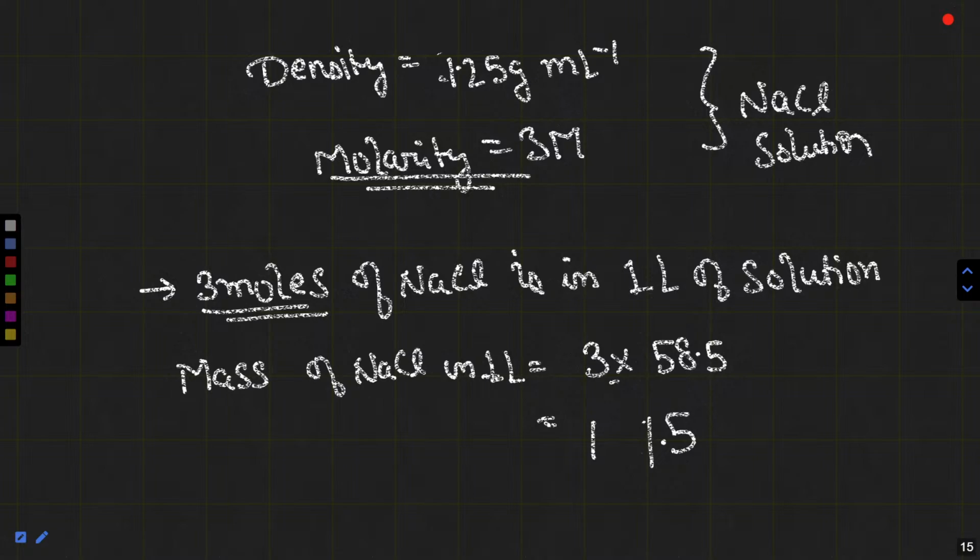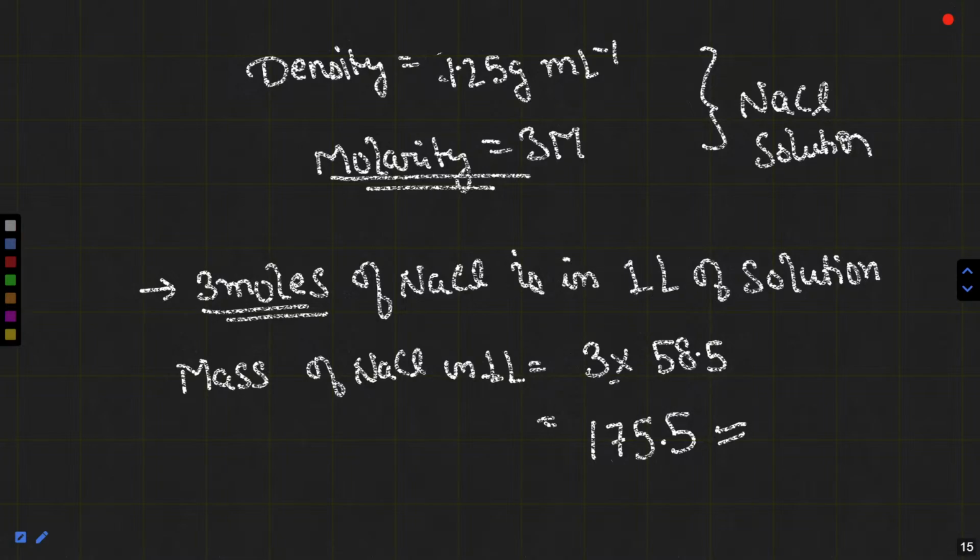That will give you how much? 19. Okay, so you will get the mass of NaCl from here. If there is a calculation mistake, you can try this once again. So we got the amount of NaCl that is dissolved in 1 liter of this given solution, which is 175.5.